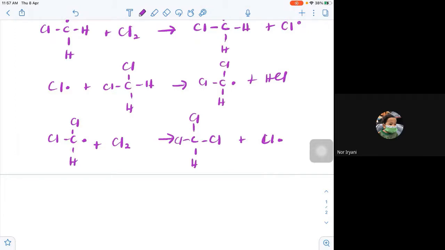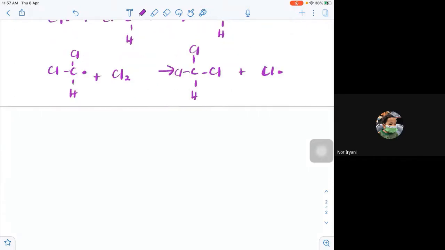Okay, and then we have another propagation step. CHCl3 reacts with another chlorine radical, so it turns to the CCl3 radical plus HCl.